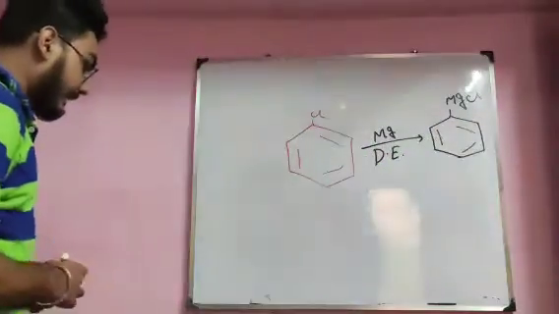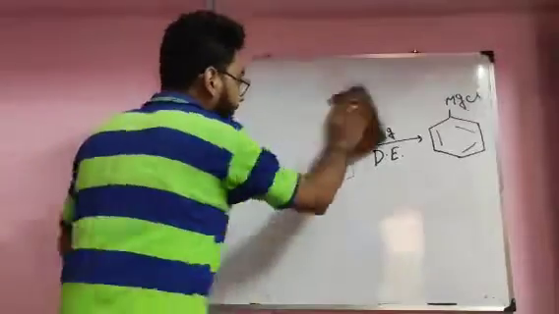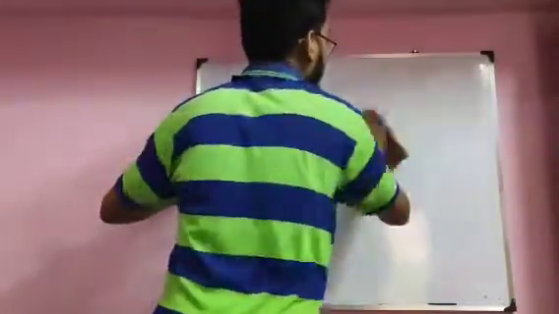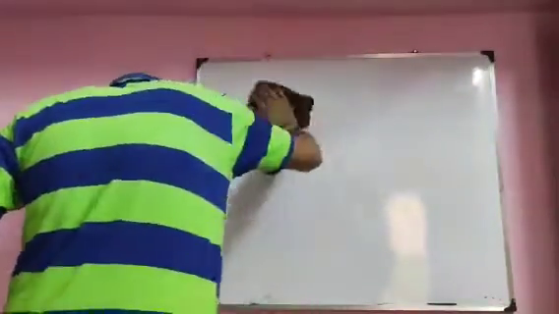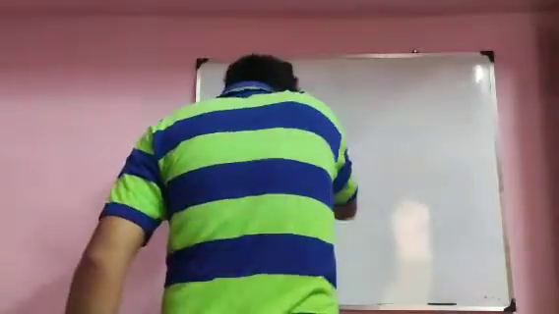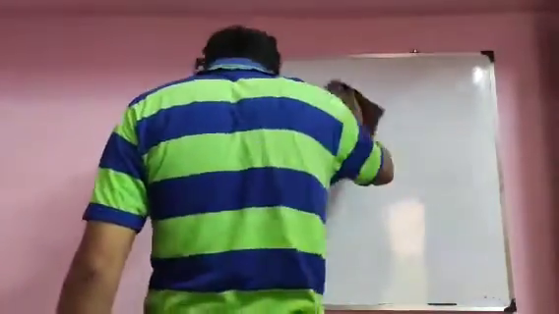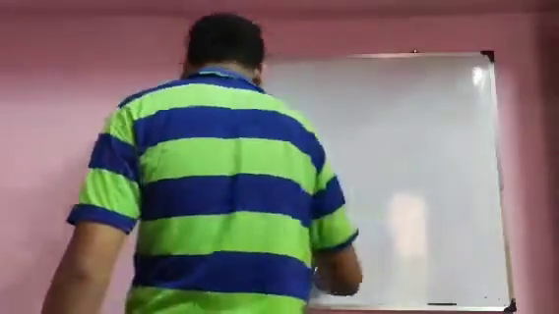Okay. Next is Ullmann reaction. In Ullmann reaction, when aryl iodide is heated with copper powder, then a biphenyl compound is obtained.